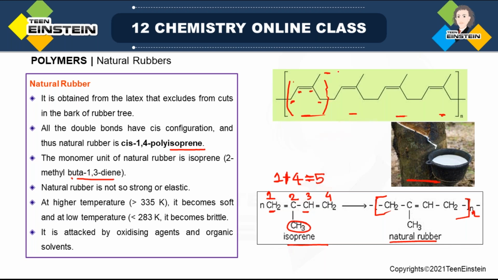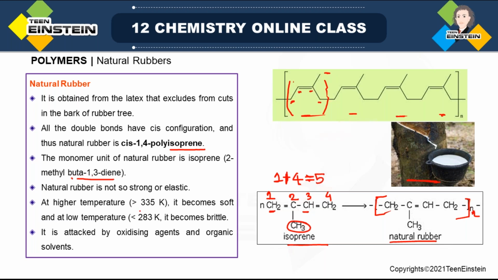And also there is no electronegative group. You cannot expect any positive charge or negative charge. So that is why electrostatic interaction, dipole interaction, all this is not possible. So only very weak intermolecular interaction can be present, weak van der Waals interaction, and because of that it is not very strong, it is not also very elastic.